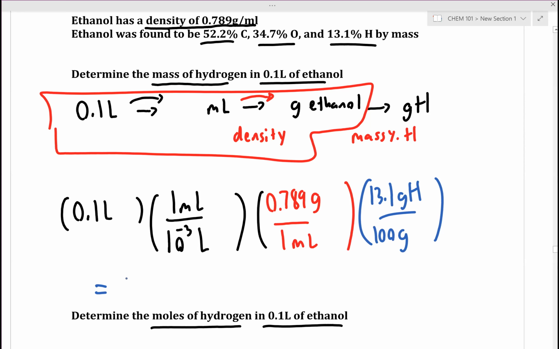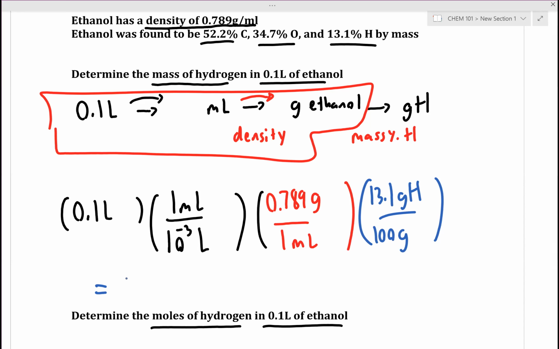Okay, now let's execute this on the document camera. So we have 0.1 divided by 1 EE negative 3. So that gives us 100. Now let's look at the next step. We're going to multiply by 0.789, and this gives us the grams of ethanol.